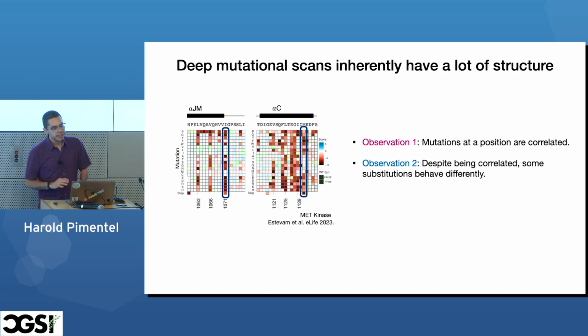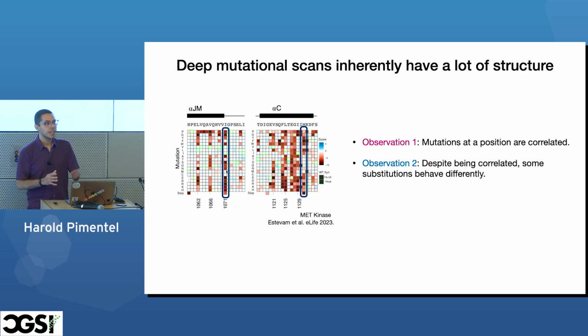The other thing is that you might observe that at some positions, they might be correlated, right? The amino acids might be correlated in their behavior, but some of them actually behave fundamentally different, right? So maybe sometimes I substitute an L, and the L and the V, as you can see here, the L and the V and the I sort of behave somewhat similarly, but then they behave very dissimilar to the A, the T, the S, and the Q, yeah?